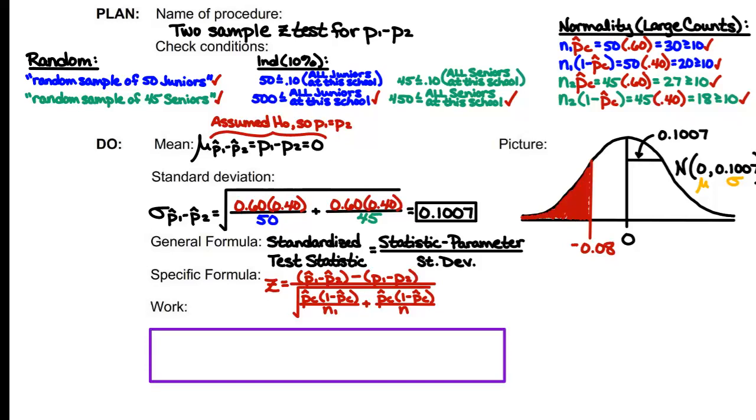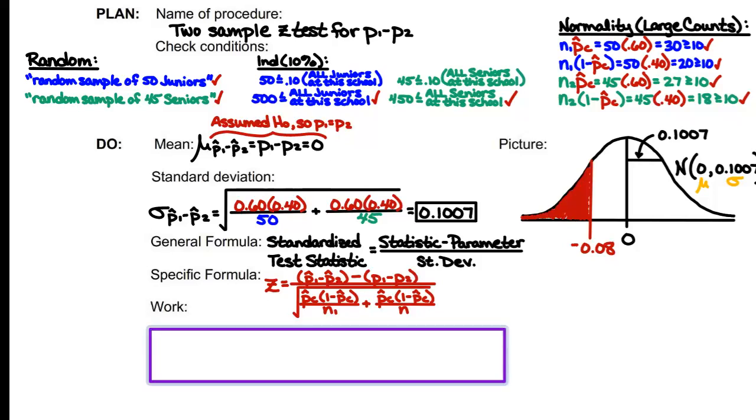So then we're going to do the do part. What is p hat 1 minus p hat 2? Negative 0.08. P1 minus P2 is assumed to be what? 0. So I have negative 0.08 minus 0 in my numerator.